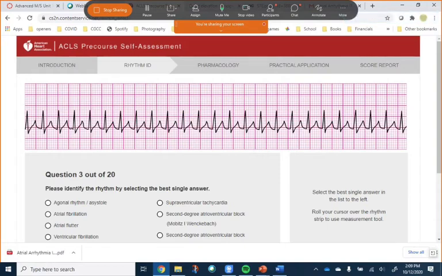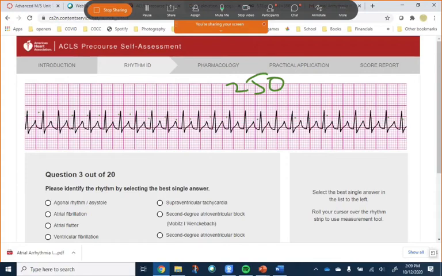So yeah, we're going to call this one SVT because, one, we have a rate. Let me see if I can count this one. 1, 2, 3, 4, 5, 6, 7, 8, 9, 10, 11, 12, 13, 14, 15, 16, 17, 18, 19, 20, 21, 22, 23, 24, 25. This rate is 250. So it's really high. And does it have a wide QRS or a normal QRS?